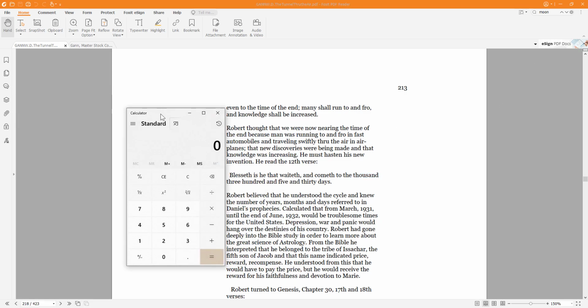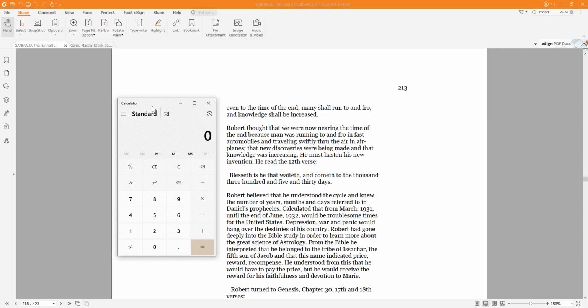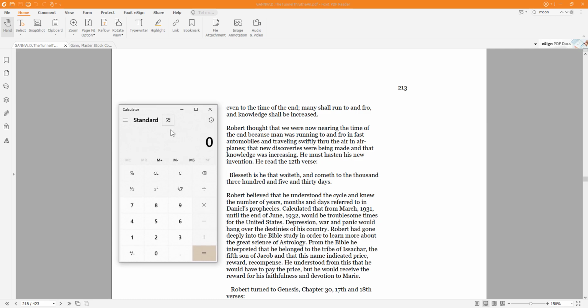Let's see how many revolutions of the moon there are in 13,035. It's around 48 or 49. As you might already know, the number 49 is very important to Mr. Gann.